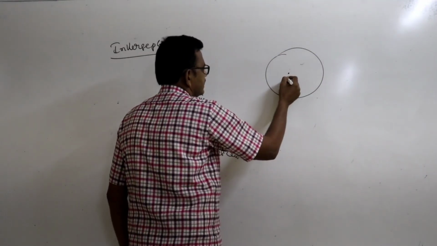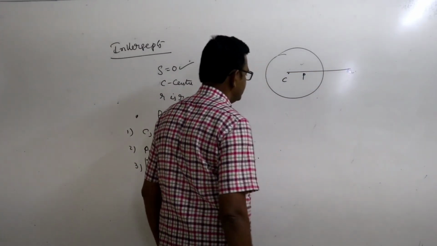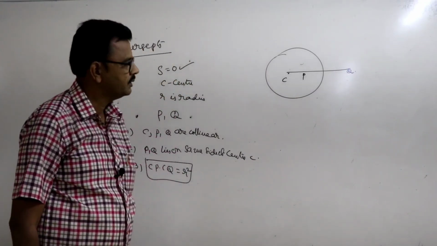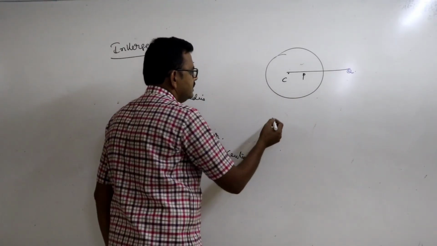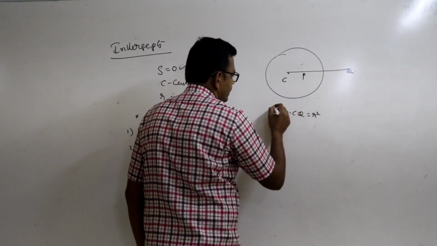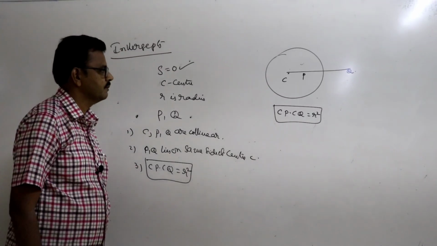This is the center C. The point is P. The point is Q. C, P, Q are collinear and CP into CQ is equal to r square. Then we say that the points are inverse points.